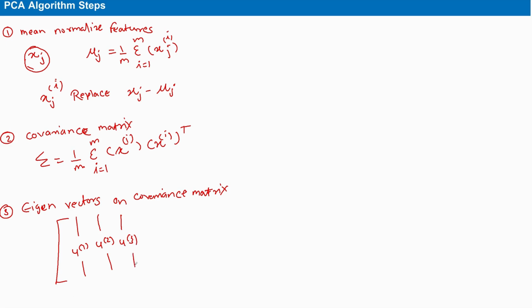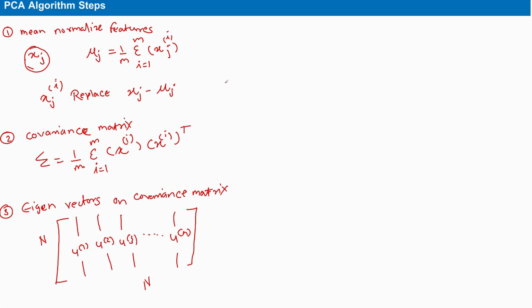Like that you will get all the way to un, meaning if you have n features, you will get n directional vectors. The size of this matrix is n by n, meaning n by n features are there.